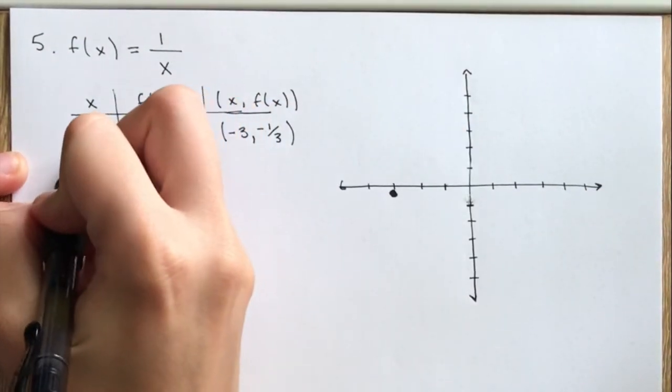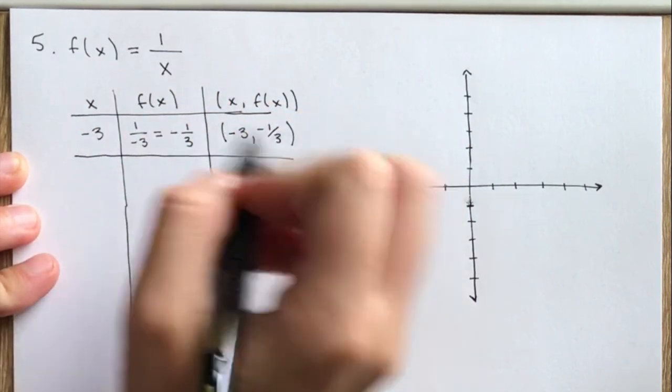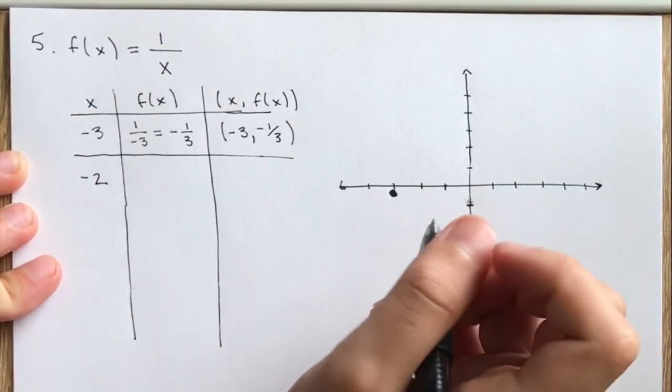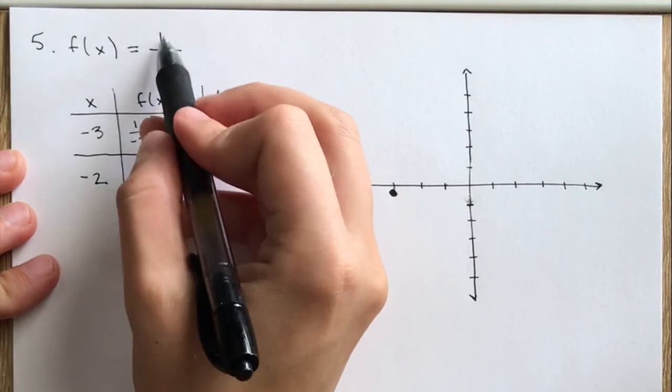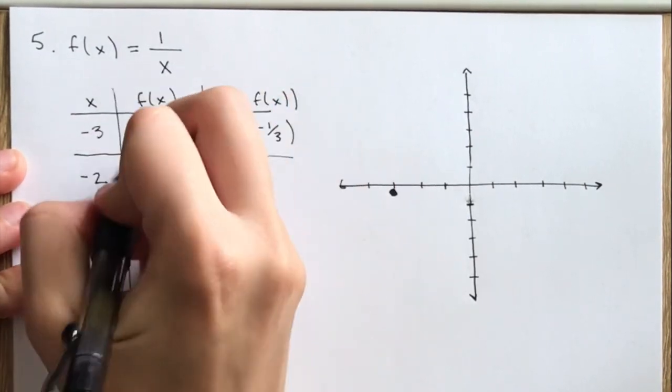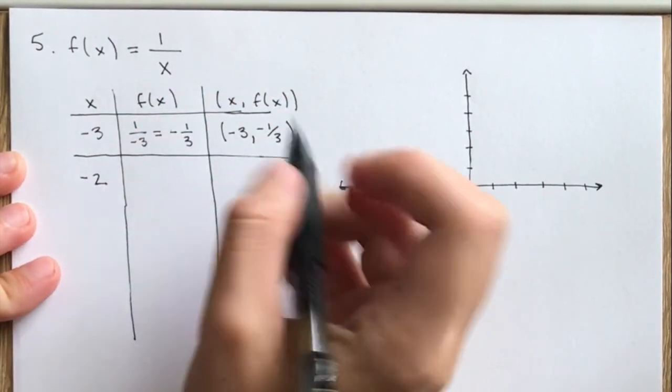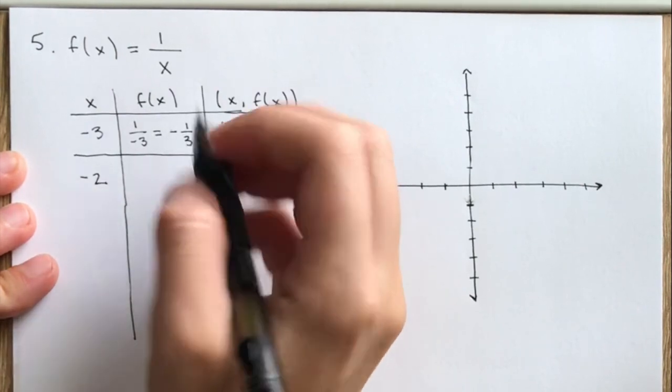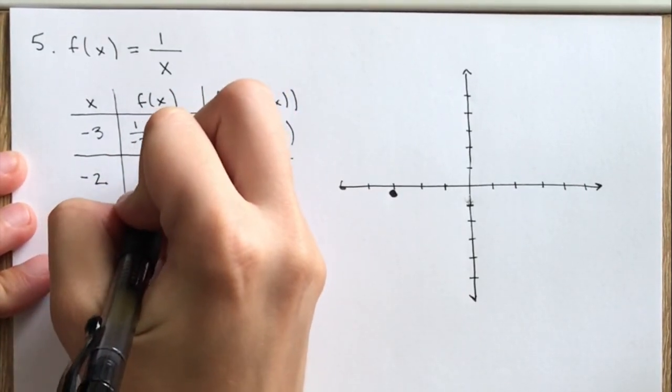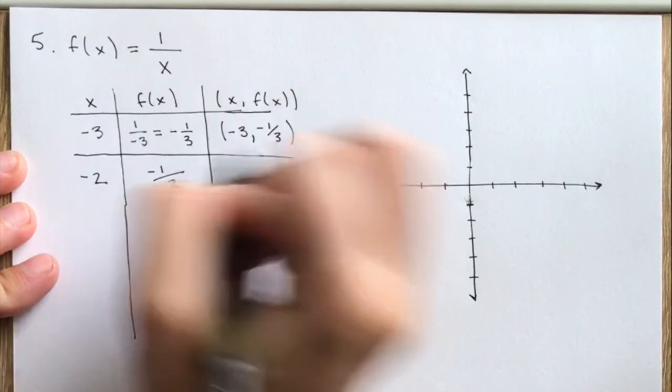So we've got -3, -1/3. All right, let's do another x value. Let's look at -2. Again, my relationship is 1 over x, so I've got 1 over -2, which similarly to this one above is going to give us -1/2.